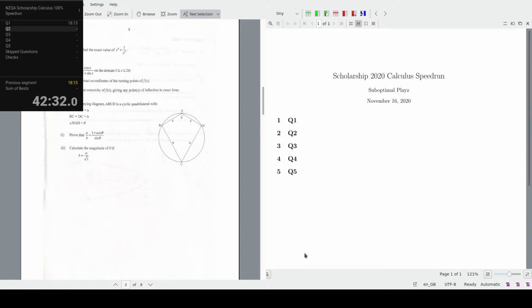Alright. And then does NZQA give half angle formulas? Because I can't remember them. Surely they must at least give double angle formulas, right? Wait, no, we don't need the double angle formulas, right? Yeah, alright, this is big brain, or maybe not.